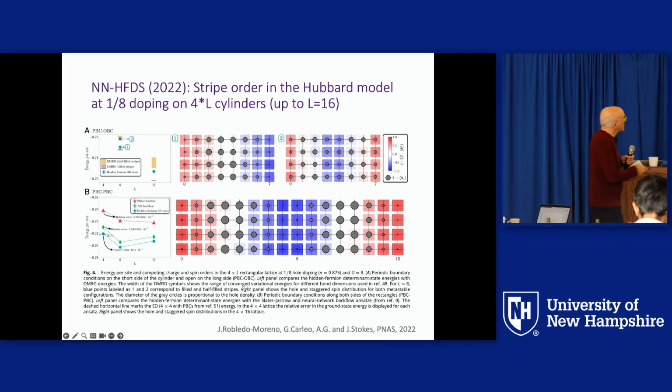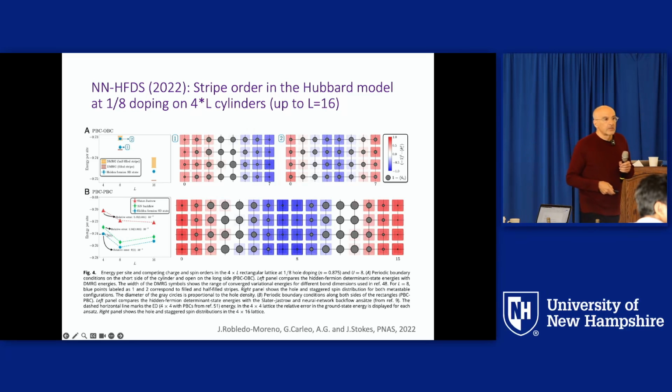And what you cannot see on this tiny plot here is that the ground state energy we got on 16 times 4 cylinders was actually close to the DMRG energy, but not quite there yet. But that was very encouraging. And this was actually obtained with only a few additional hidden fermions, like 4.